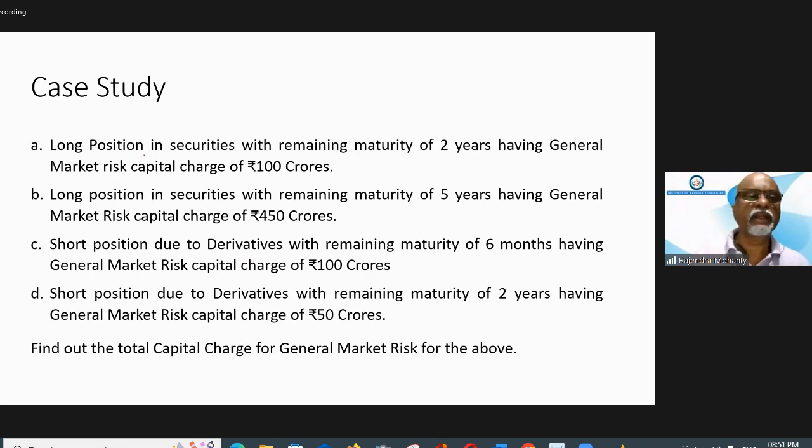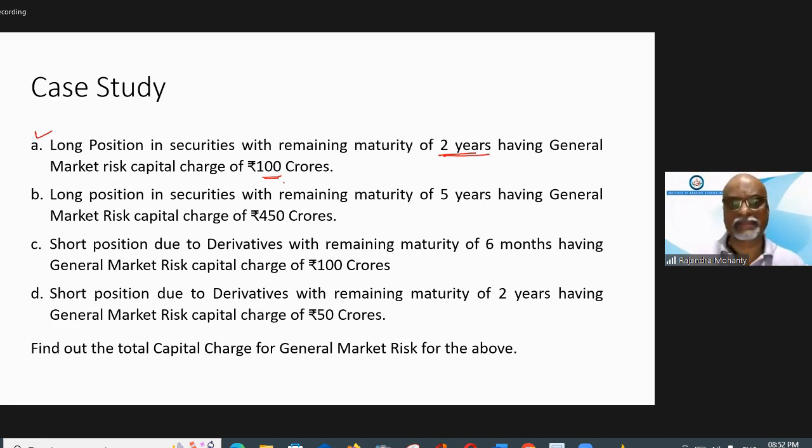Here there are 4 things we can see. One is a long position in securities with remaining maturity of 2 years, having general market risk capital charge of 100 crore. You have calculated this capital, but apart from that, some additional capital has to be calculated by adjustment of horizontal and vertical disallowance.